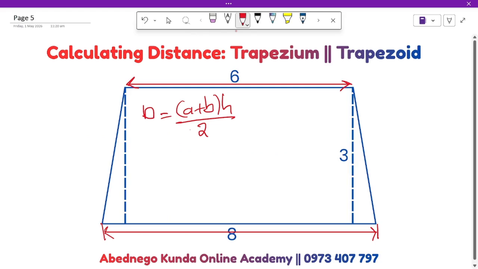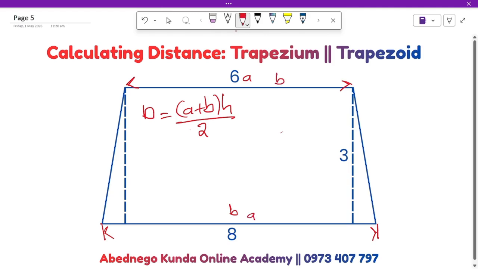So now which one is a and which one is b? It does not matter which one you assign as a and which one you assign as b. You are still going to get the same answers. So we can call this one up here a, and then we can call this one down here b, or if you want you can call the one down here a, and the one up here b.